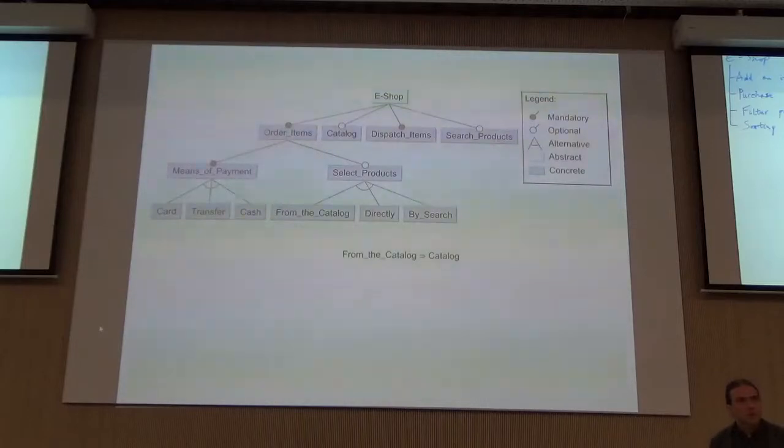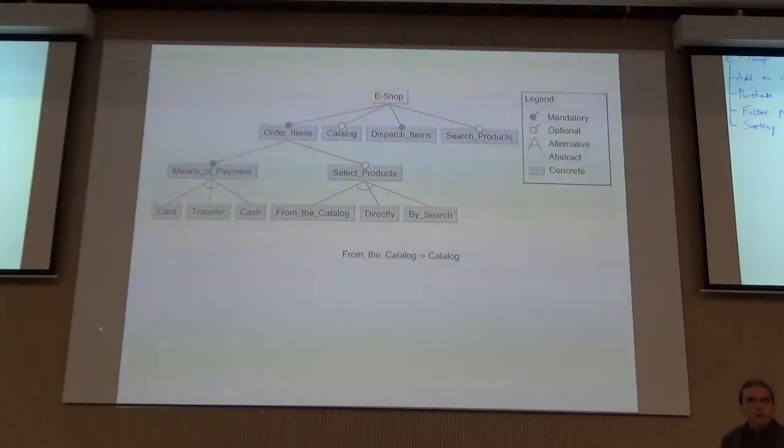But your organization is developing eShop systems, and you need to understand what your system will support for sure, and what is optional, and how is it optional, and how is it connected to other optional things.